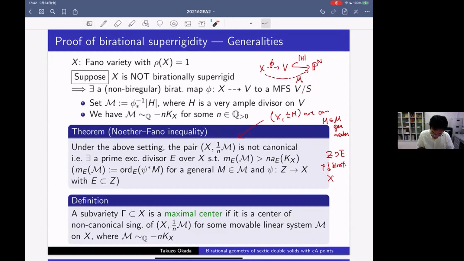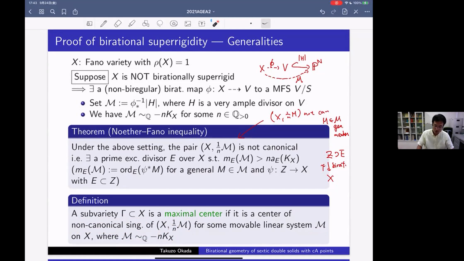Here comes the definition of maximal center. This kind of divisor E is called a maximal singularity, and the maximal center is simply the center of this E on X. In other words, a subvariety Gamma of X is called a maximal center if it is a center of non-canonical singularity of this pair for some movable linear system M, where the number n is defined by this relation.